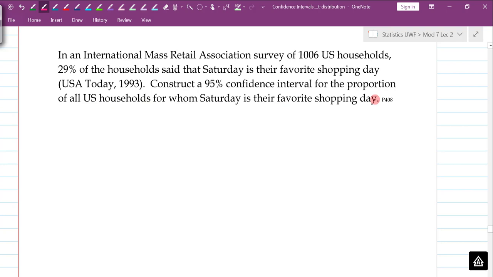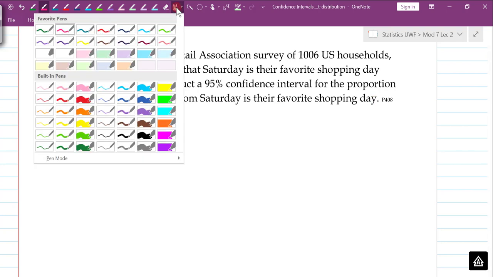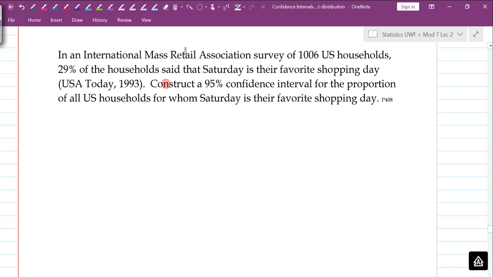Okay, so let's go through and highlight what's important. So it says we did a survey of 1,006 people. 29% of the households said that Saturday is their favorite day. So if I'm doing a survey and I say, what is your favorite day to do shopping, and you say Saturday, that is what's considered a success. Okay, and so that would be marked yes.